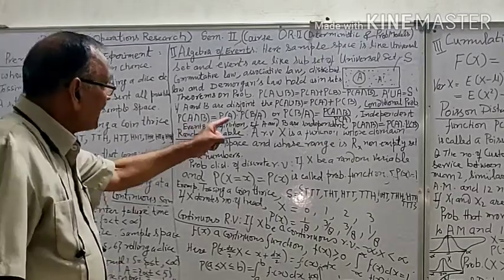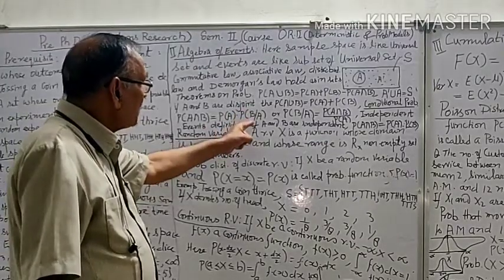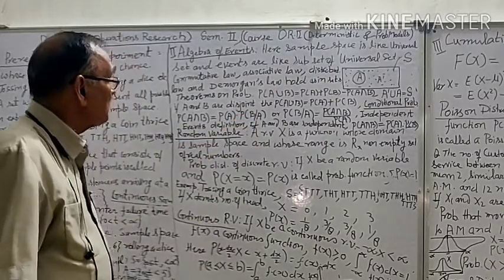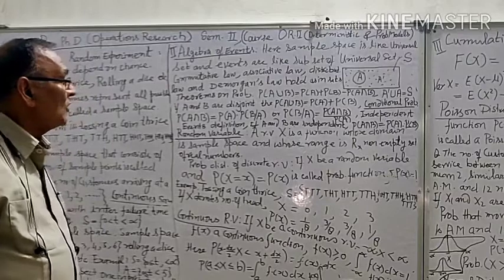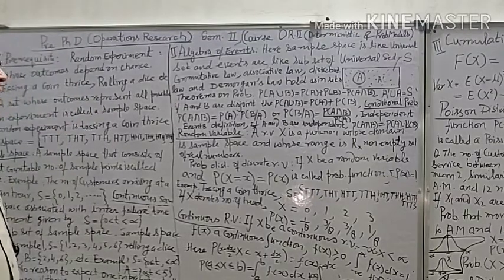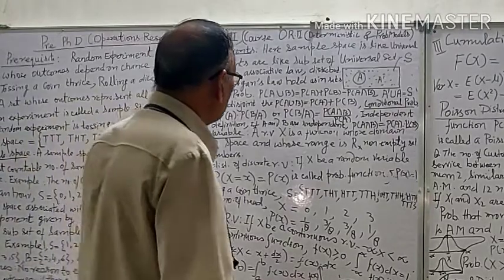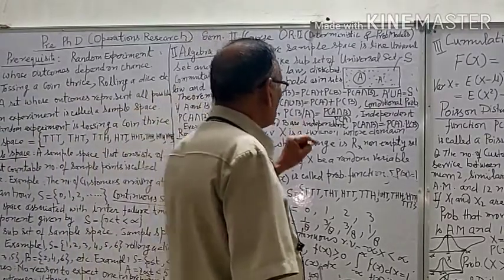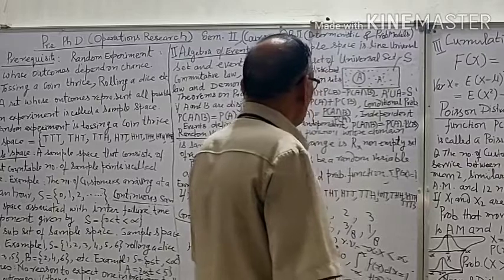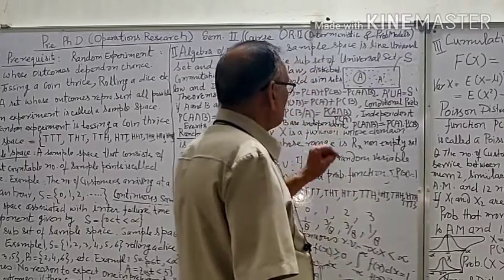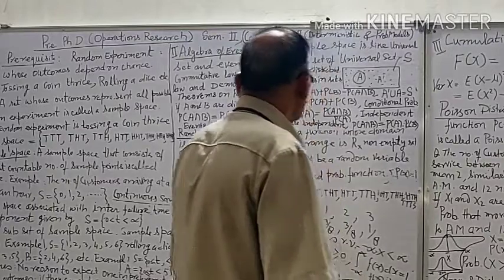Like this, probability of B given A means the probability of occurrence of the event B given that A has already occurred. We can define the conditional probability of B given that A has already occurred as probability of A intersection B divided by probability of A.